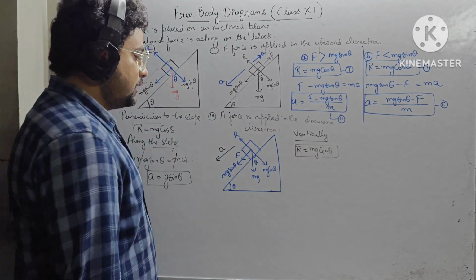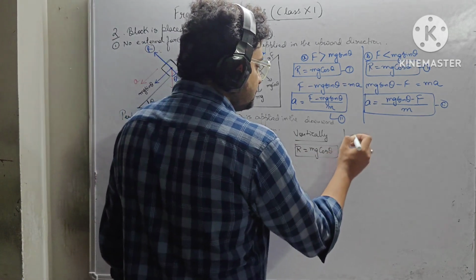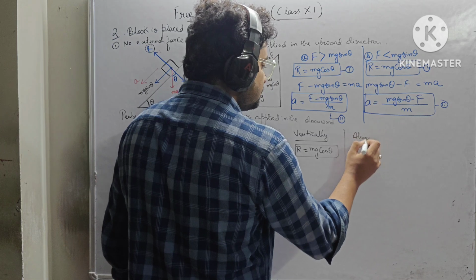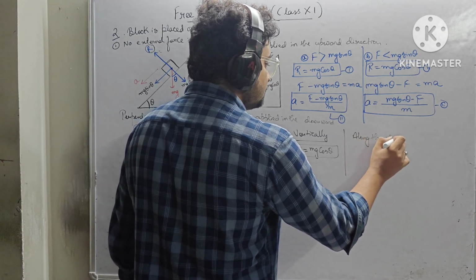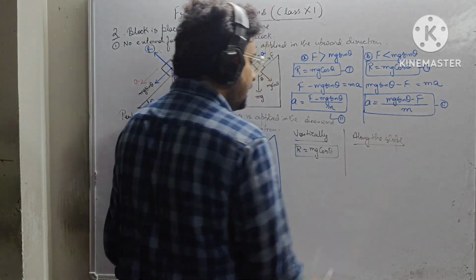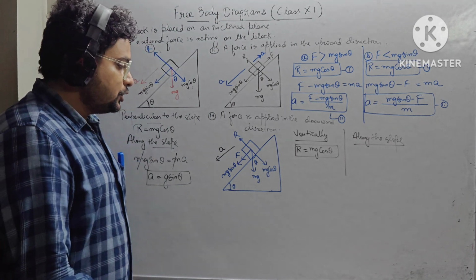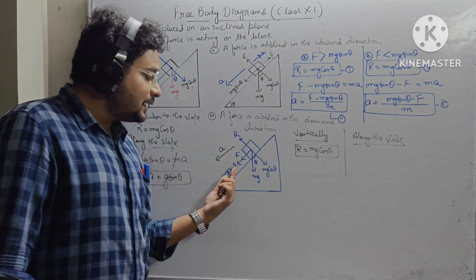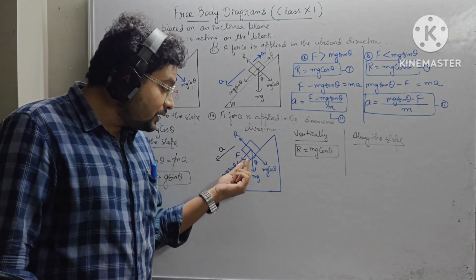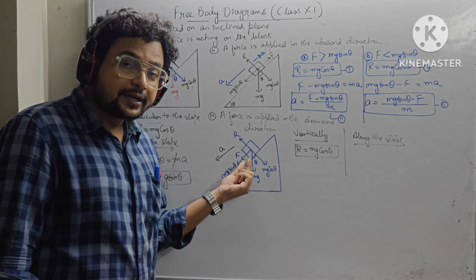Along the slope, mg sin theta is there, and one more external force F is also acting on the body.